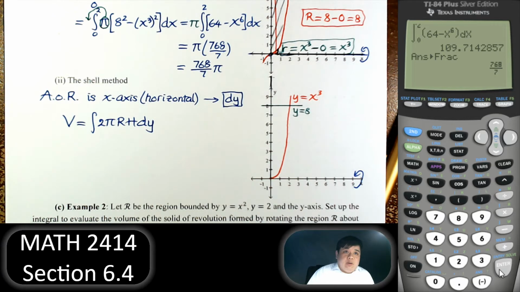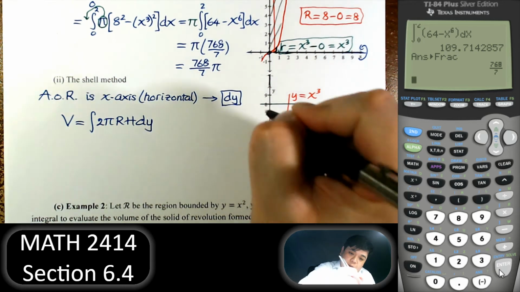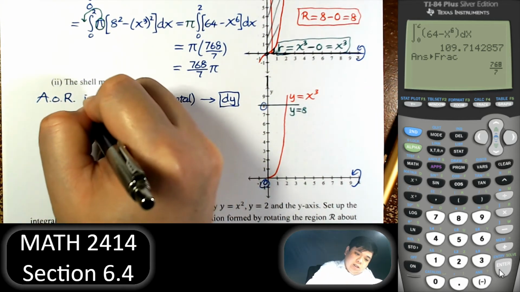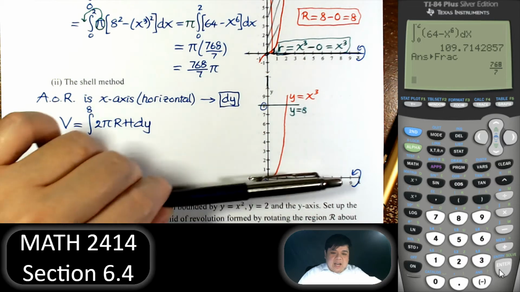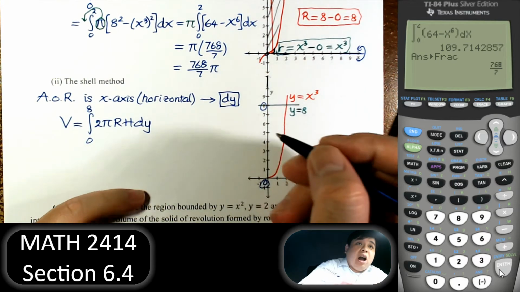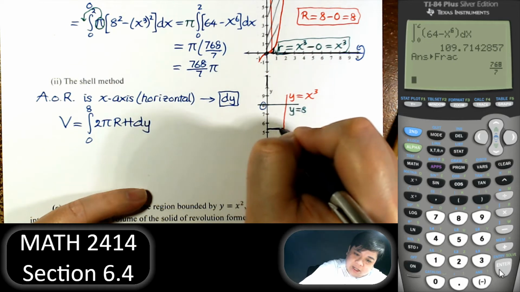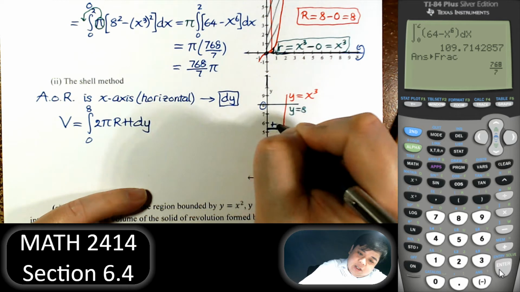Now since this is dy, the limit for y is 0 to 8. Now we just need to determine the components r and h. The axis of rotation is this. Just draw a line parallel to it. So it will be here. That will be the height.